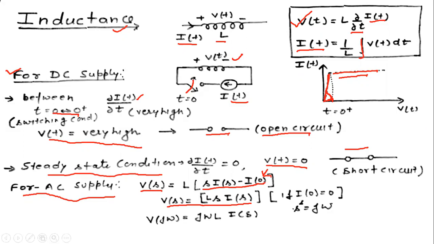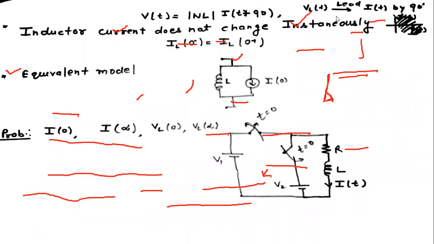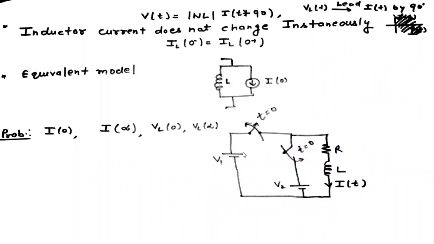Now see, in the frequency domain, V(s) equals j omega L into I(s).